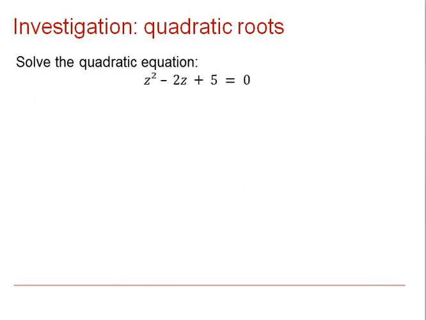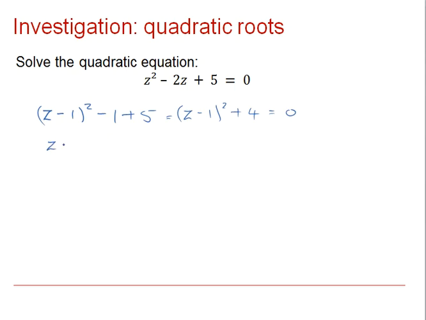If we consider another quadratic equation, z squared minus 2z plus 5 equals 0, and again because it's not easy to factorise, we'll use the completing the square method, or we could use the quadratic equation. So if we write (z minus 1) squared minus 1 plus 5, leading to (z minus 1) squared plus 4, we know that equals 0.